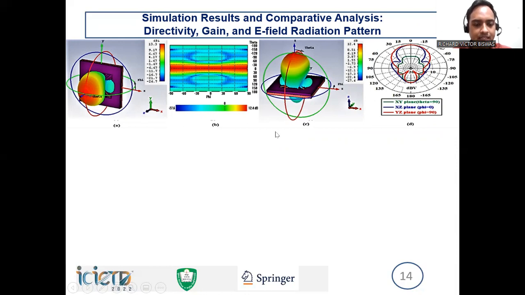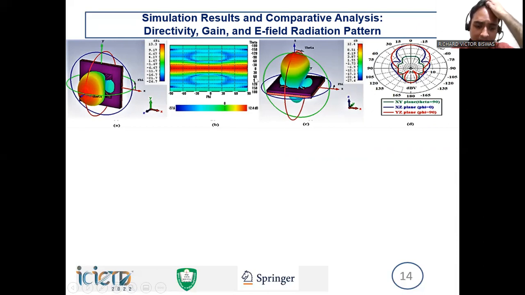In figures B and C, the 2D and 3D far-field plots of gain for this nanoantenna at 193.5 terahertz are depicted individually. Along the elevation plane, the proposed nanoantenna radiates electromagnetic waves with a maximum gain of 12.4 dB at 1515 nanometer. From the 2D radiation pattern, gain lies within -30 to 30 degrees.